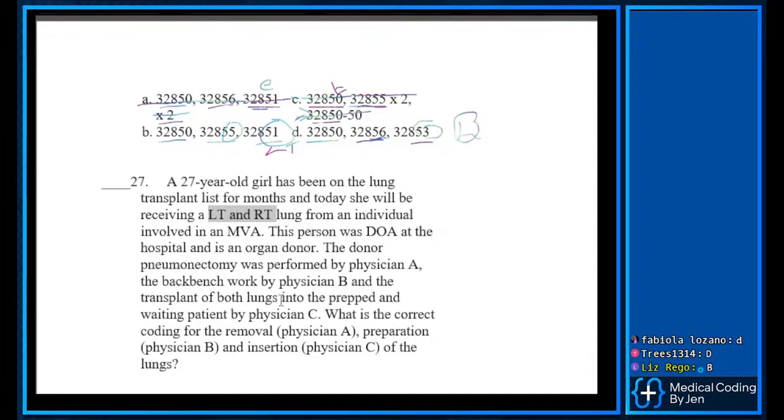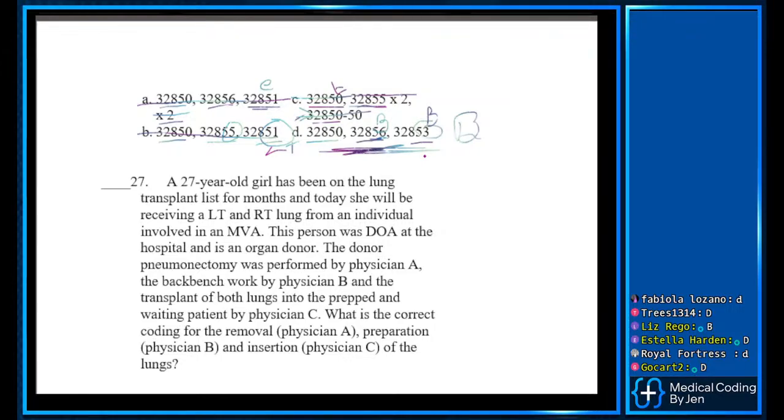We would never have anything that's going to have a single lung in it anyway. So without even knowing what the backbench or the lung transplant difference is in B, we know that B cannot be the answer because it is only unilateral. The only one it could be has to be D, because that's bilateral. And this is bilateral too. Very cool question. I like that one.